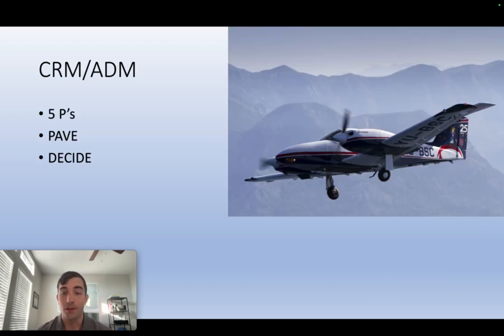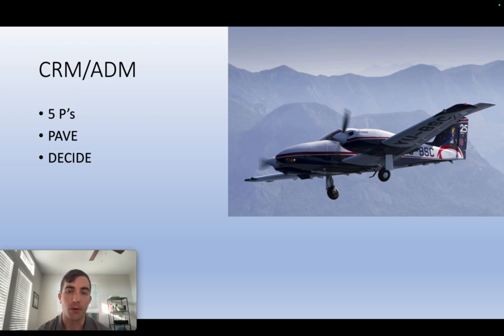Cool. So this all ties into our CRM and ADM. We don't want to fly in environments that are going to be dangerous for us, where if we do lose an engine, it's going to keep us airborne for a very small amount of time. So it's important that we're looking at our weight, our single engine service ceiling, our climb rate, all of those things. Specifically for the 5Ps, looking at the pilot, that I know what to do when I have an engine failure, and then the plane, what kind of performance it can put out for me in these different environments.